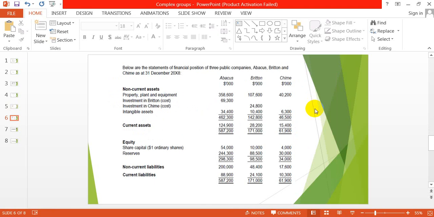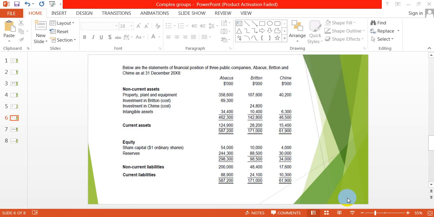Let's illustrate this with this question on Abacus. Like in any consolidation, the timeline is of great importance. The timeline is determined by our reporting date, in this case 31st December 20x8, so the timeline will be from 1st January 20x8 to 31st December.